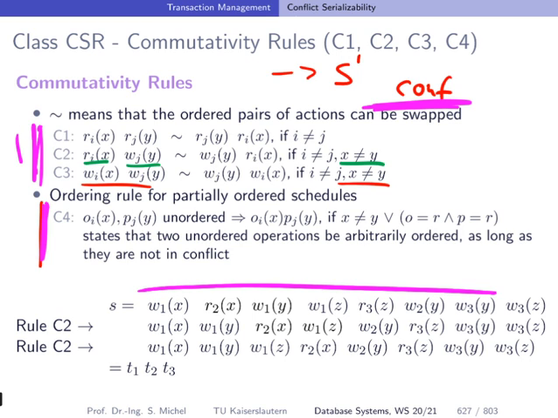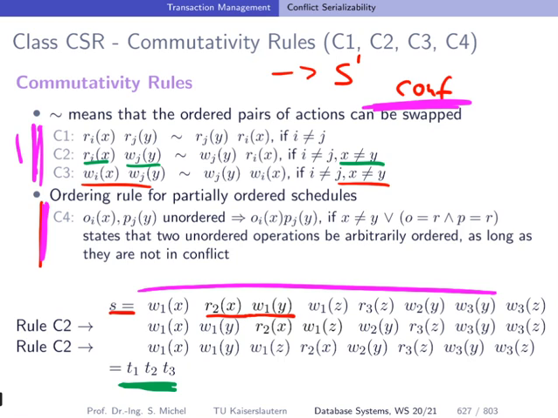So let's now see how we can apply these rules to turn S into a serial schedule, and we see already the solution is here. We end up in the end with the serial schedule T1, T2, T3. But how do we come to this? Well, let's have a look at the initial schedule S. And we see here we have a mix of things from transaction 2 and 1.